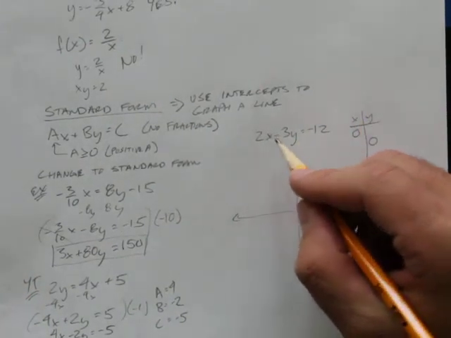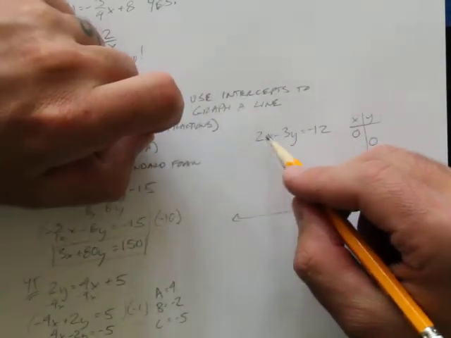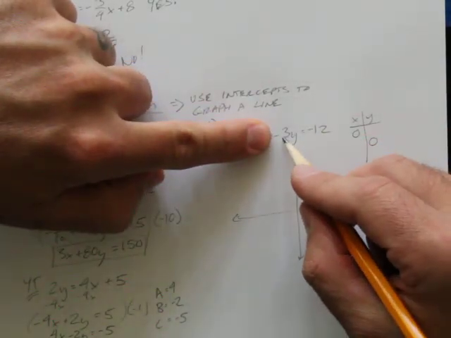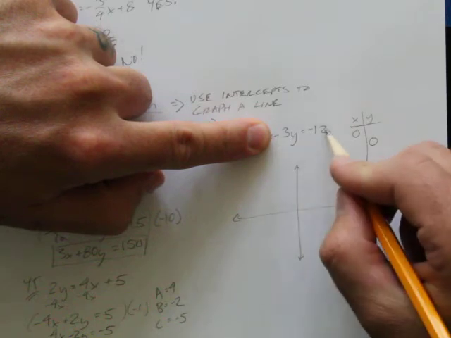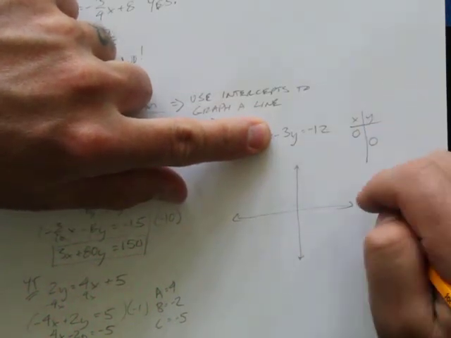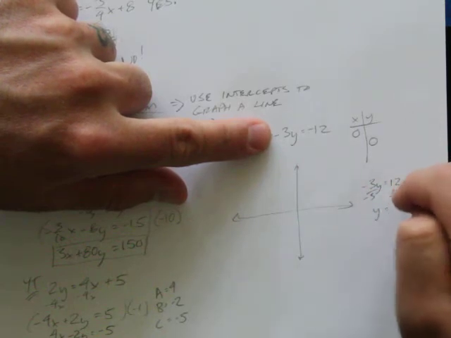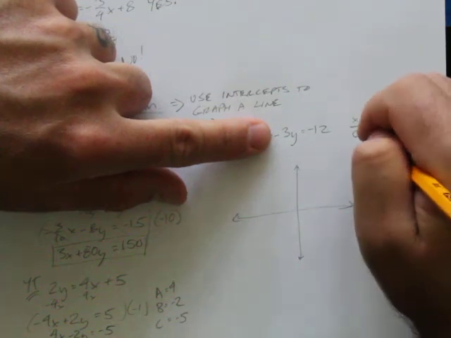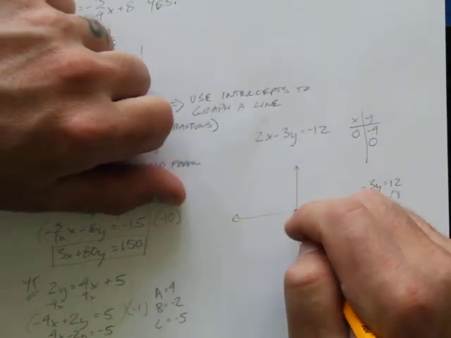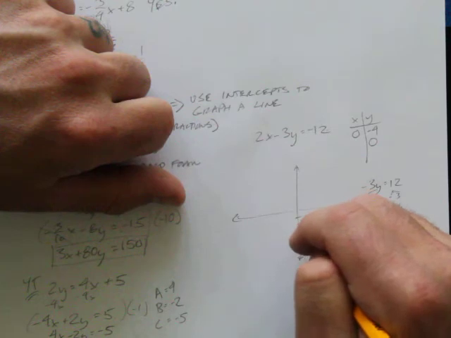When I plug in 0 for x, I get to just ignore that because 2 times 0 is 0. And then I say negative 3y equals 12. So negative 3y equals 12, divide by negative 3, y equals negative 4. So when x is 0, y is negative 4. 1, 2, 3, 4.